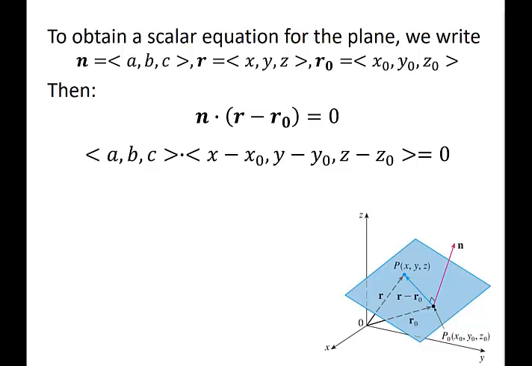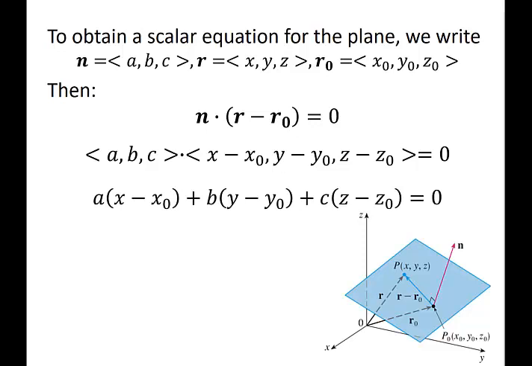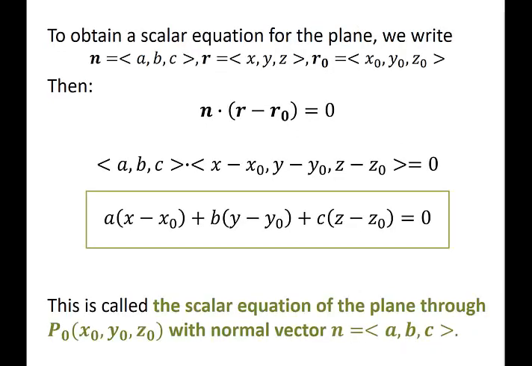Following our dot product, this tells us that a times x minus x naught plus b times y minus y naught plus c times z minus z naught equals 0. This is what we call the scalar equation of the plane through the point P naught with normal vector n equal to a, b, c.